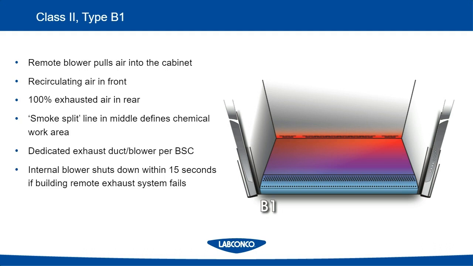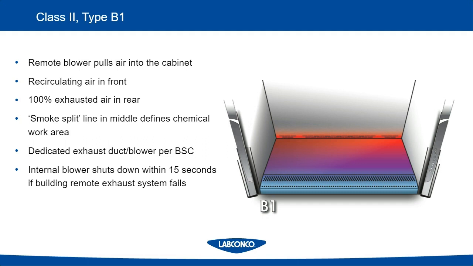Each of these BSCs requires a dedicated exhaust blower and exhaust duct for each BSC. The reason for this is that unlike the Class II Type A2, where the internal blower is providing some exhaust, in the Type B cabinets, the exhaust is 100% relying on a remote exhaust blower.